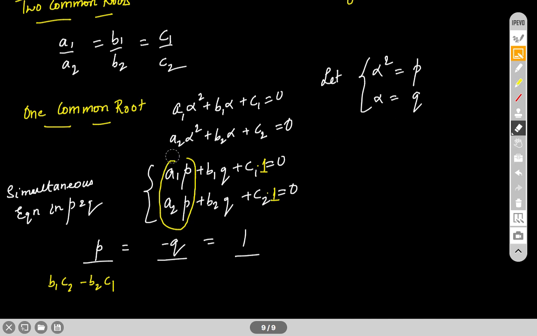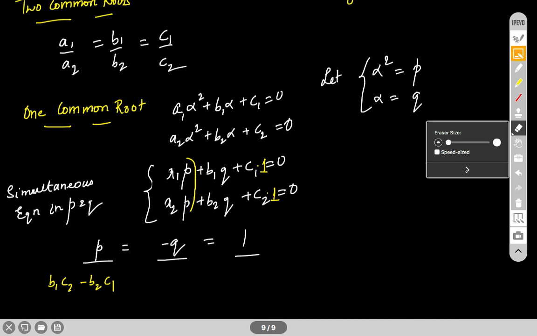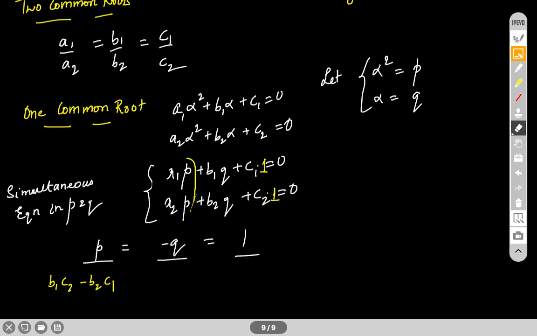Now hide the column under this. So this is hidden. Then you see A1 C2 minus A2 C1. Then hide the 1 also.